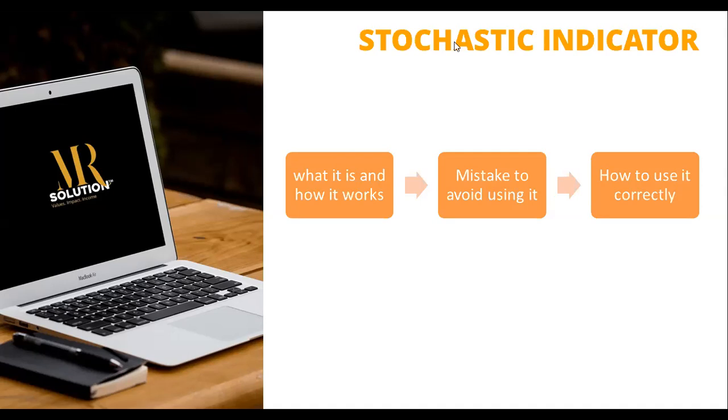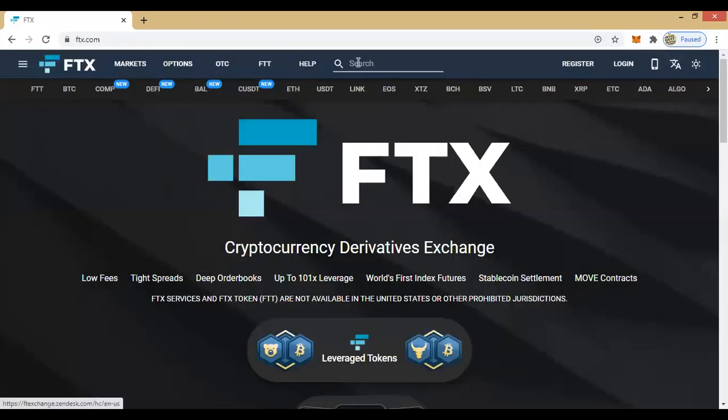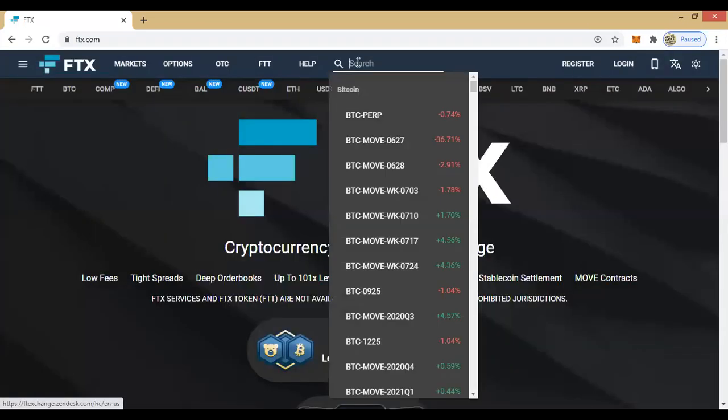All right, so we'll start off immediately. Okay, here is the FTX website that we'll be using. This is the FTX website. So let's choose BTC for our analysis tonight as the basis of our analysis.